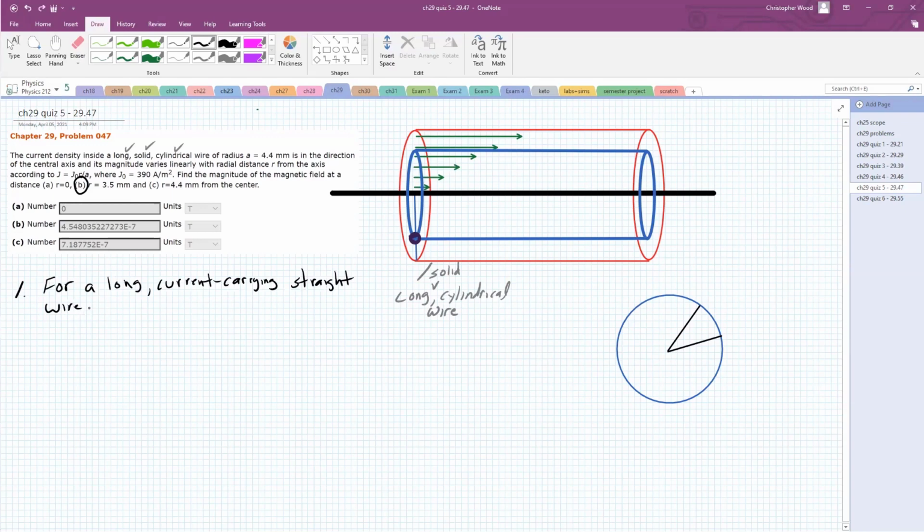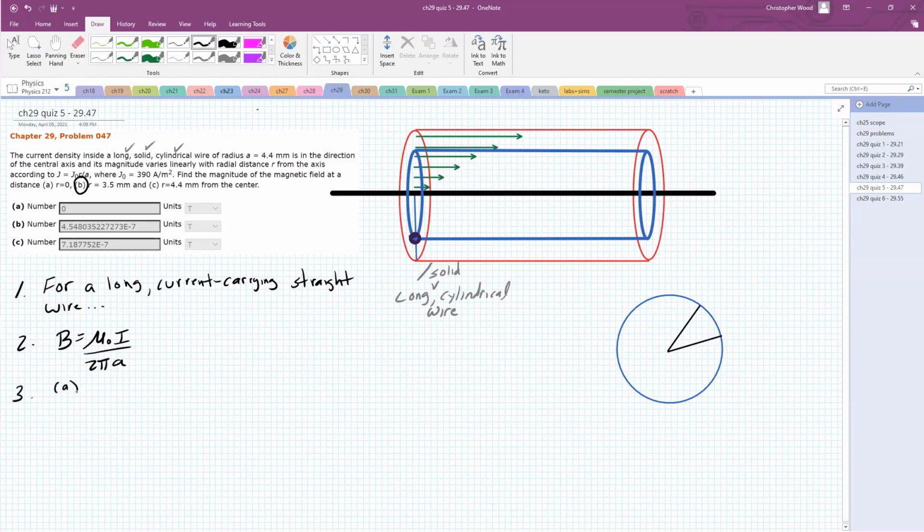For a long current carrying straight wire, once again, B equals mu naught I over 2 pi r, where r is the distance from Probert to the current carrying straight wire. So here's the answer to part A.